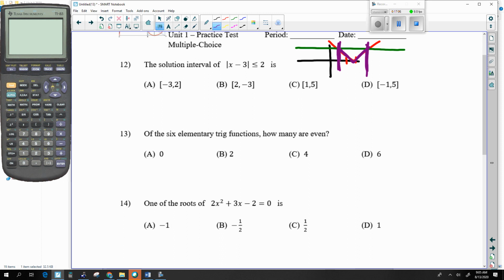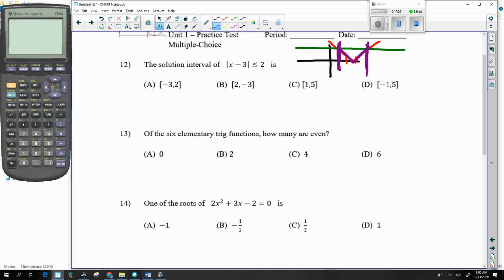It's not like an interval that would be like negative infinity to negative 1 union 3 to infinity. It's not going to look like that. It's going to be a solid, for sure, interval.